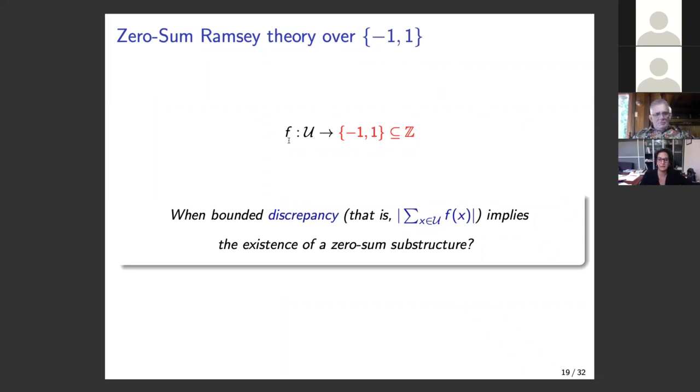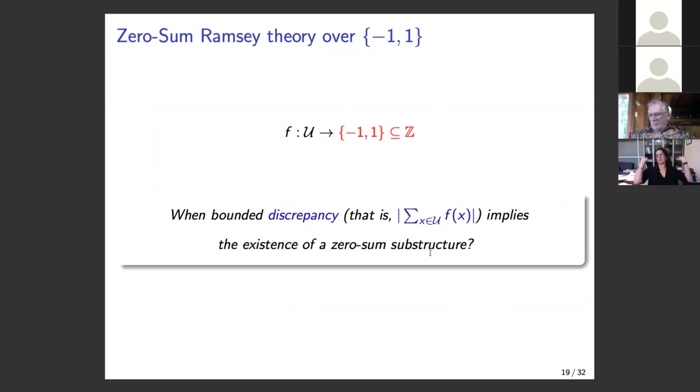We will have colorings, or partitions into two classes, which are going to be -1 and 1. And then, as I told you, the discrepancy of the coloring is just the absolute value of the sum of all values for the elements in the universe.